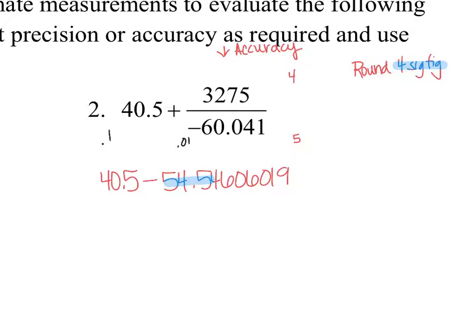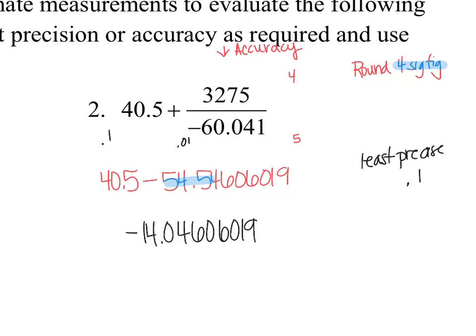So actually the least precise for this next step is going to be 0.1. So I'm going to take 40.5 and subtract my answer, and I get negative 14.04606019. Write it all out, then do your rounding. So we said we want to round to the tenths, so I'm rounding right here. So my final answer is negative 14.0, and yes, you have to have that 0.0.